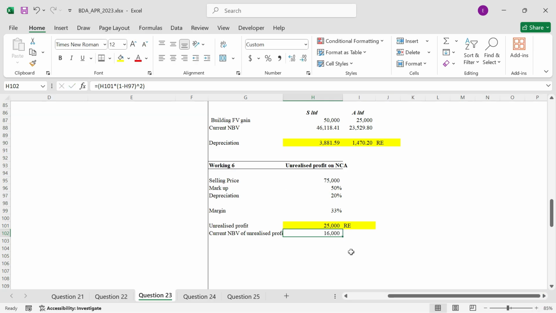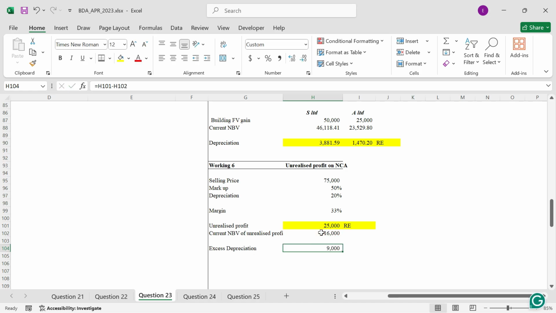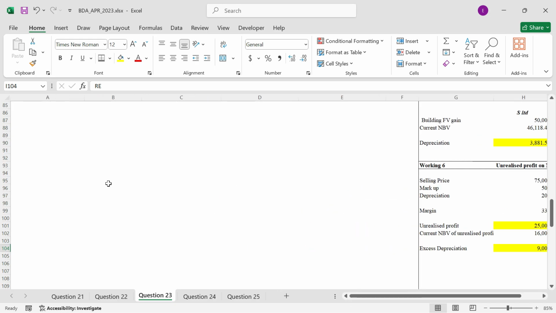It should give you 16,000. And so your excess depreciation will be an amount of 25 minus 16, which is 9,000, which also affects retained earnings.